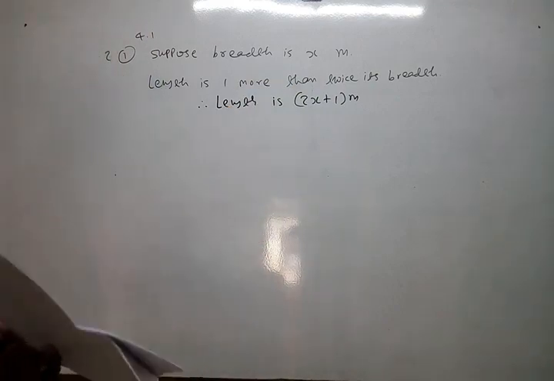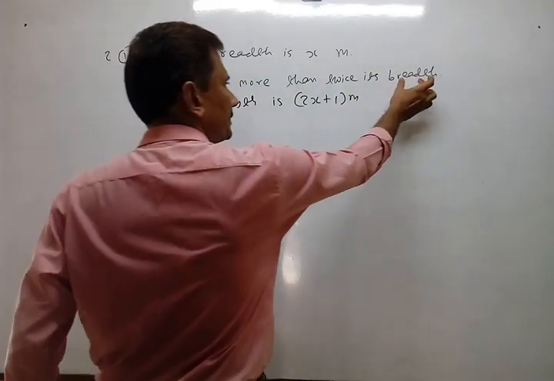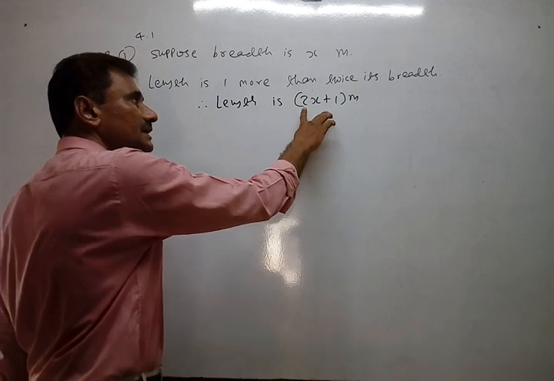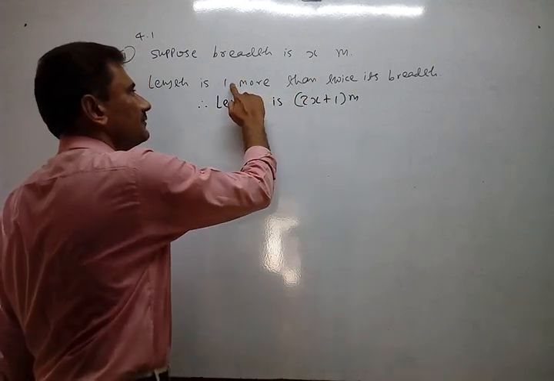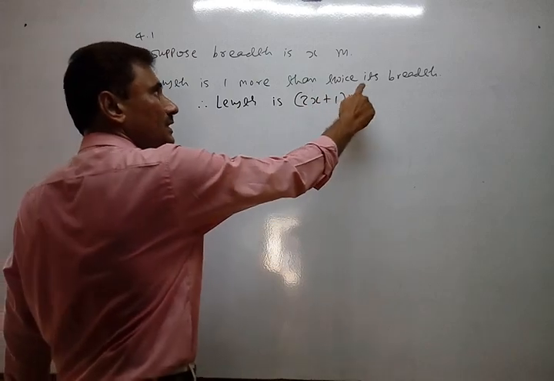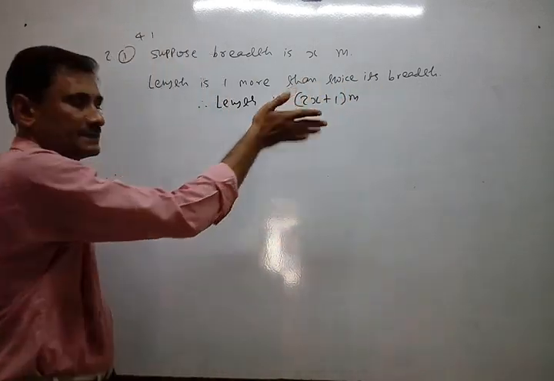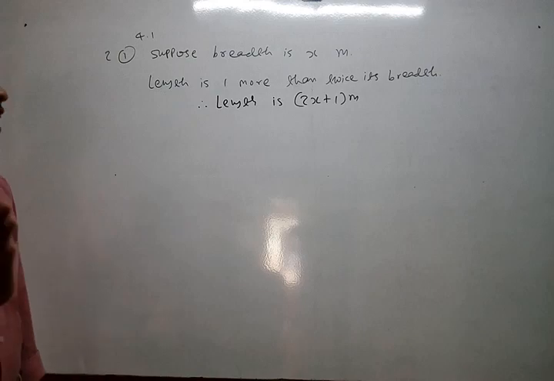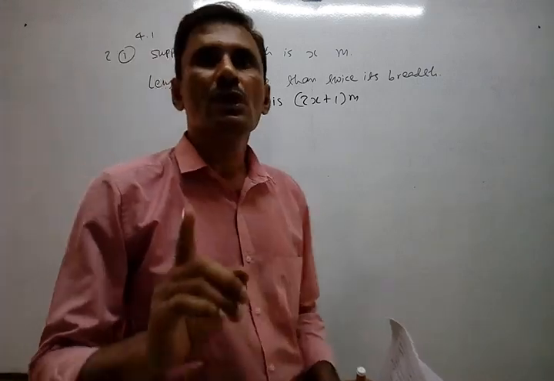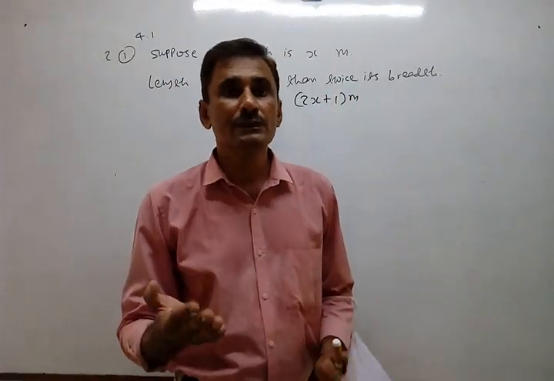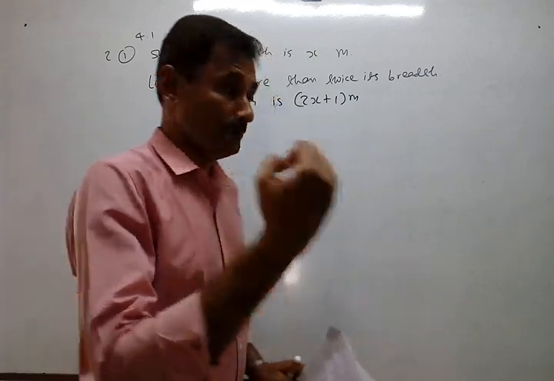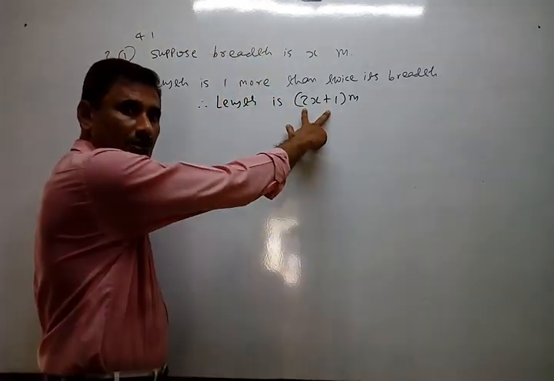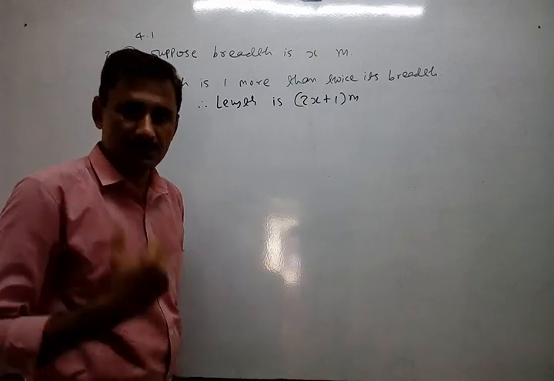Just understood. That's why we suppose breadth, so that we can easily say length is 2x plus 1. Why? One more than what? Twice the breadth, so 2 times x. Understand? Now we have length and breadth both. So one statement is used not for making an equation but for making an expression of the second parameter.